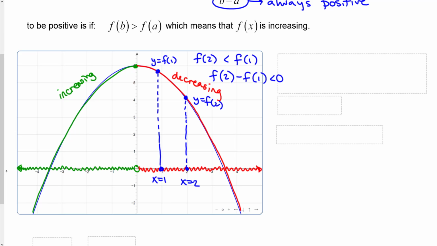Which means if I try and evaluate the average on that interval, it's going to be f of 2 minus f of 1 divided by 2 minus 1, because you always go in the order from the largest minus the smallest. The numerator is less than 0. The denominator is always greater than 0. So what happens is this is a negative number.